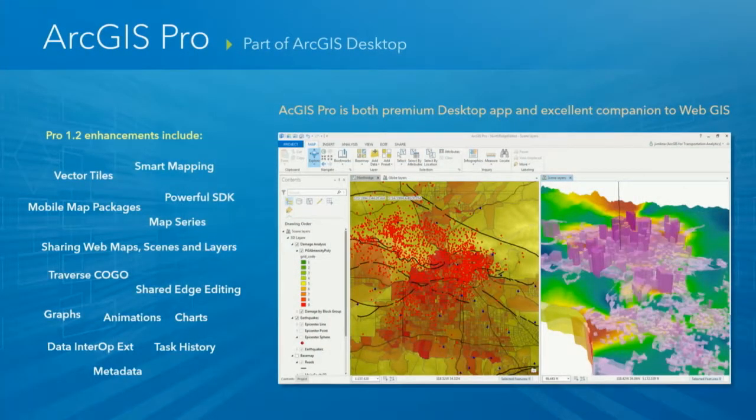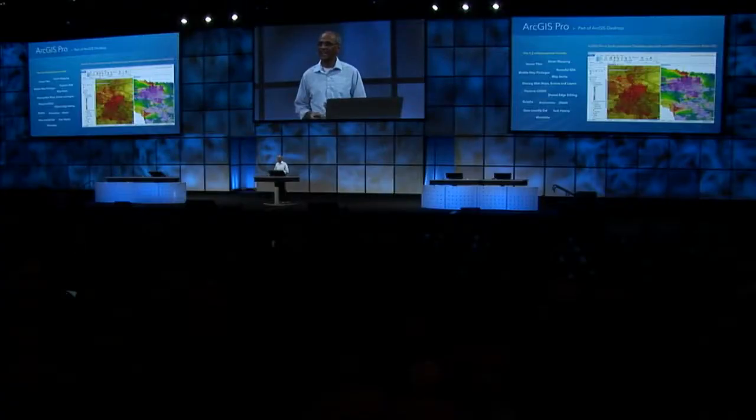Next, I'd like to talk about ArcGIS Desktop. ArcGIS Pro is a key part of ArcGIS Desktop. We just released Pro 1.2, which has enhancements both in the area of Pro as a premium desktop application, as well as an excellent companion to WebGIS.